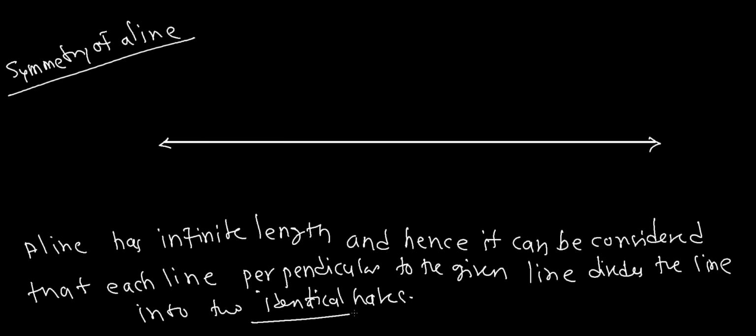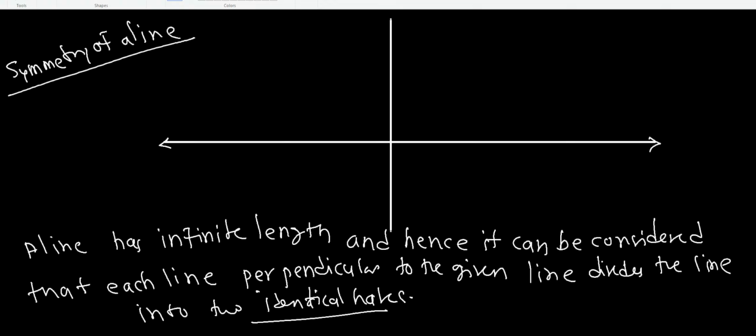We can have this perpendicular like that, and we make it dotted.